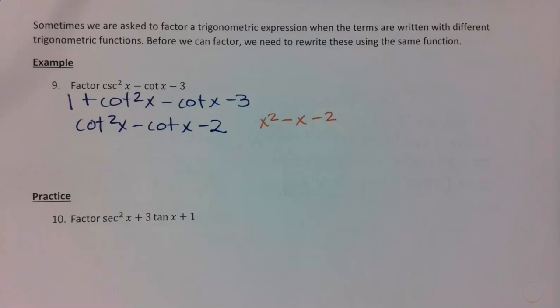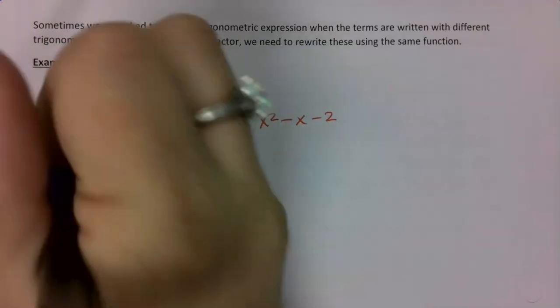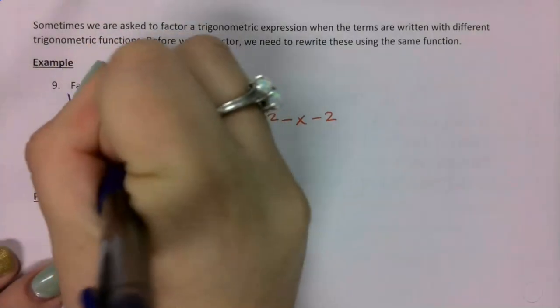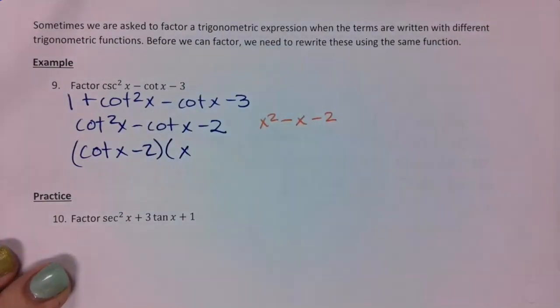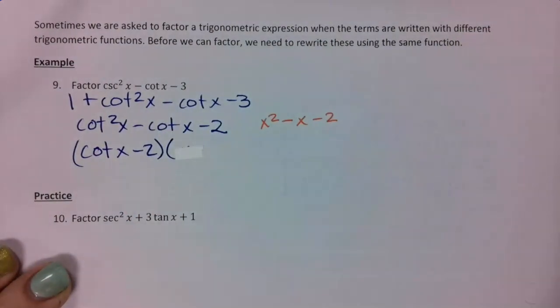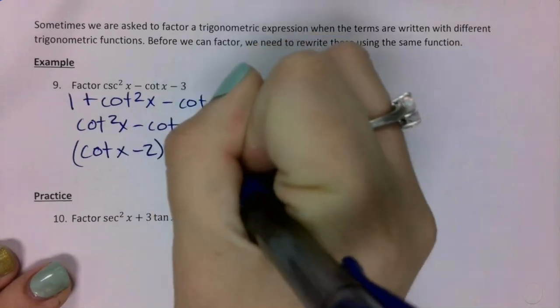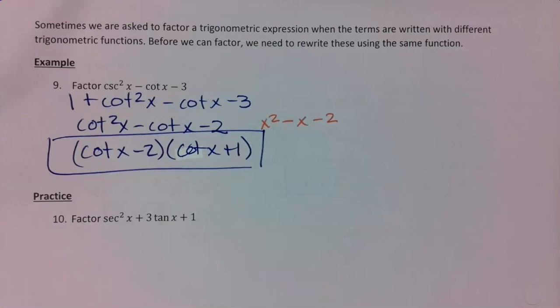So I'm going to have cotangent of x minus 2 and then cotangent of x plus 1. Questions here? When I have something like this, I need to figure out a way to rewrite those so I can continue factoring.